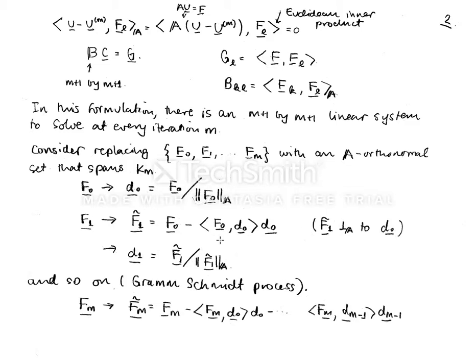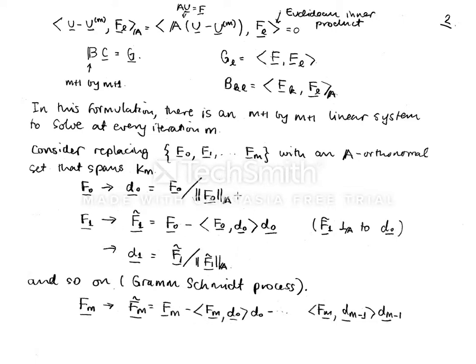So let's take a step forward. Again, this is not exactly what the conjugate gradient method does, but it's getting closer. Let's consider replacing this set of vectors whose span is the Krylov subspace with an A orthonormal set that spans the same subspace.